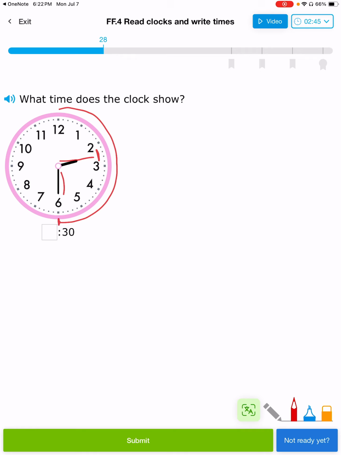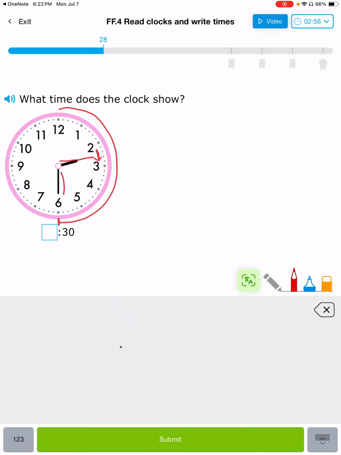So, that means it's already past 2 and it is on its way to 3. Now, it's past 2. That's the hour we will write. And minutes already given. That indicates what? We are halfway past 2. So it is 2:30.